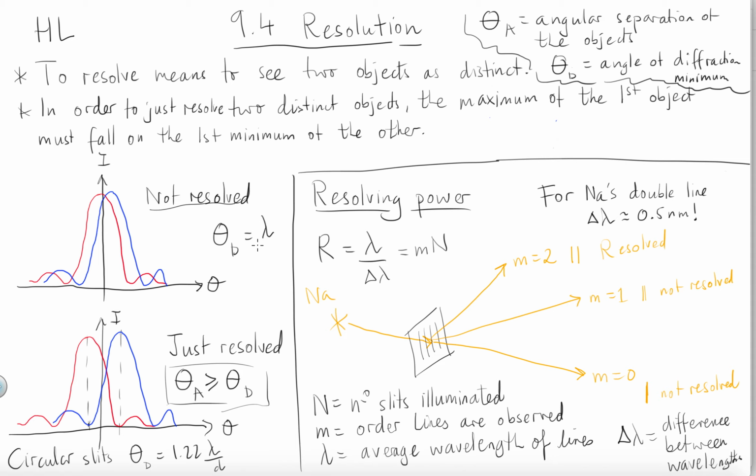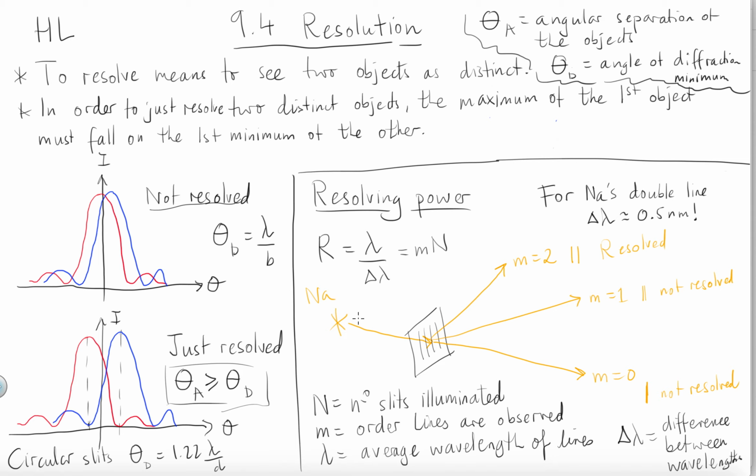It's lambda over b for rectangular slits. But for circular apertures or circular openings, the diffraction equation changes to be 1.22 lambda divided by d, where d is the diameter of the aperture.